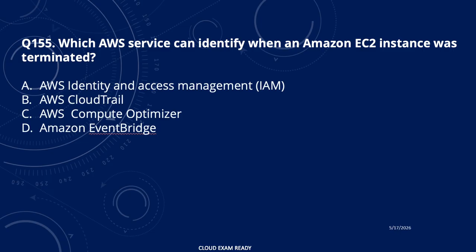Option B, AWS CloudTrail. Option C, AWS Compute Optimizer. And option D, Amazon EventBridge. So this question is, I think, simple. So we all know that all the logs will be collected by AWS CloudTrail. So the correct answer here is option B, which is AWS CloudTrail.